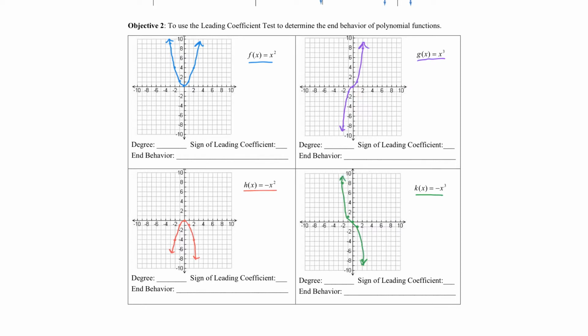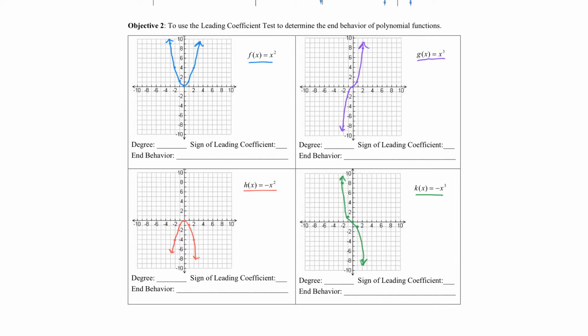If you can keep these four basic graphs in your mind, the graph of the quadratic and the opposite of the quadratic, the graph of the cubic and the opposite of the cubic, then you won't need to memorize the leading coefficient test because you'll have it right here in front of you.